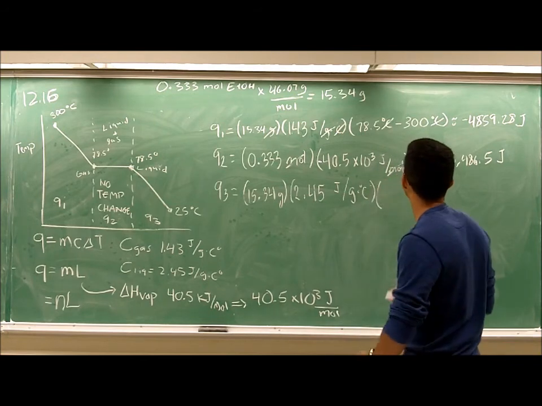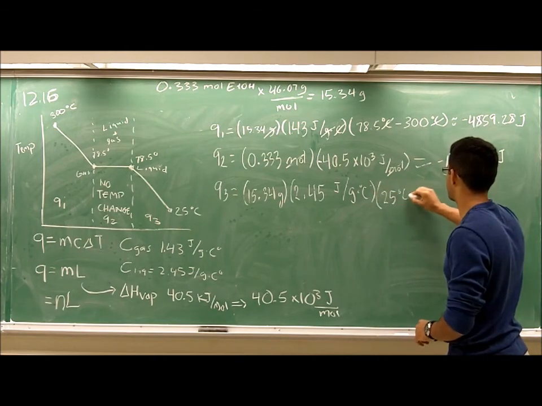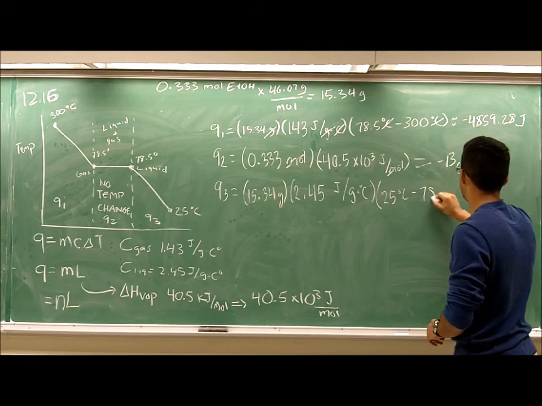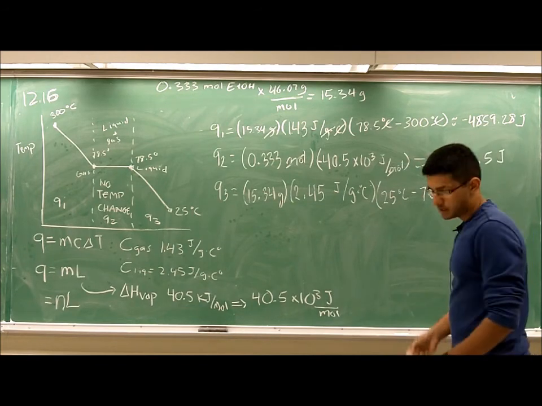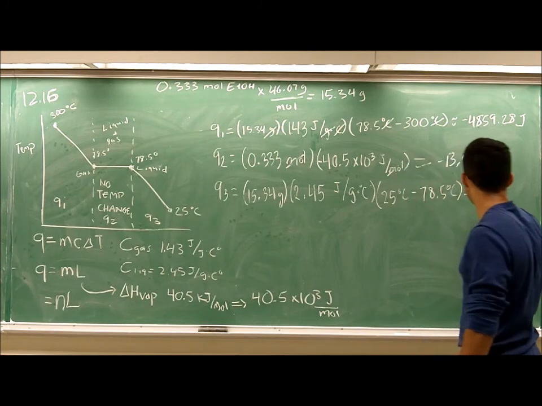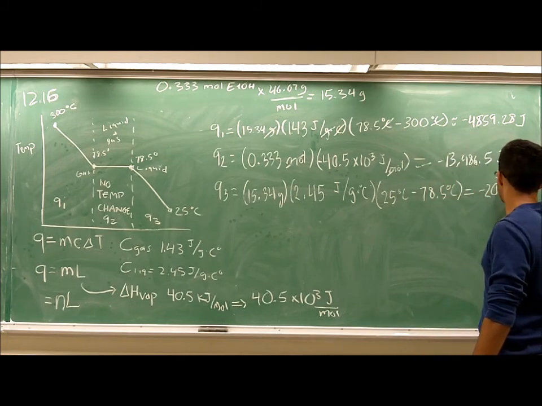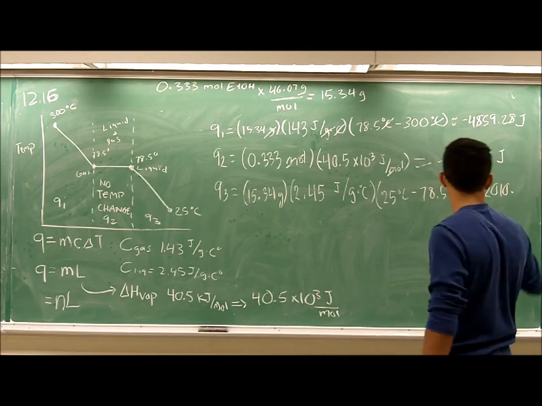And now the change in temperature is 25 degrees Celsius minus 78.5 degrees Celsius. This should give you about negative 2,010.86 joules.